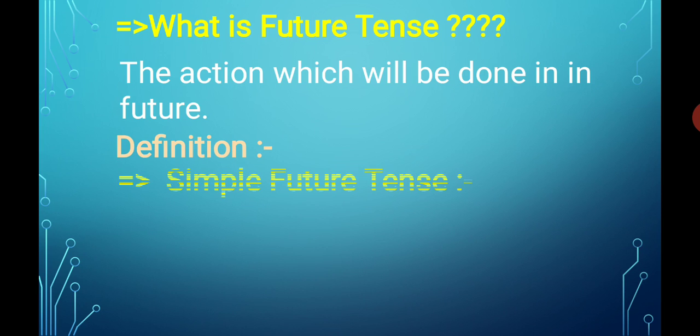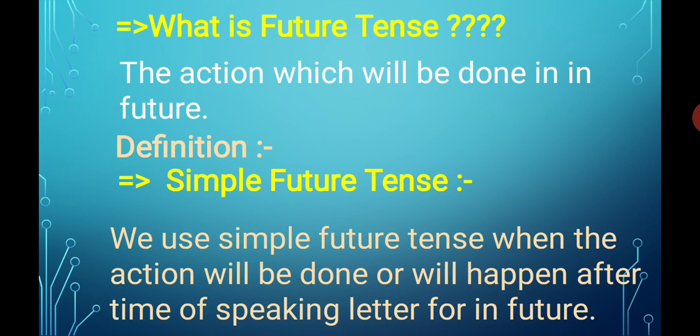Let's see the definition of simple future tense. We use simple future tense when the action will be done or will happen after the time of speaking, later in the future.